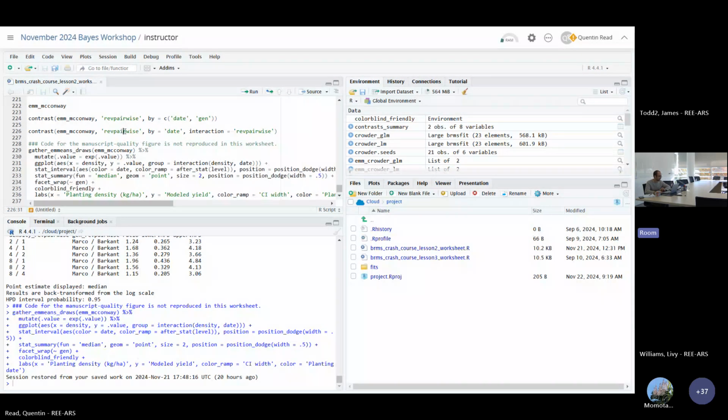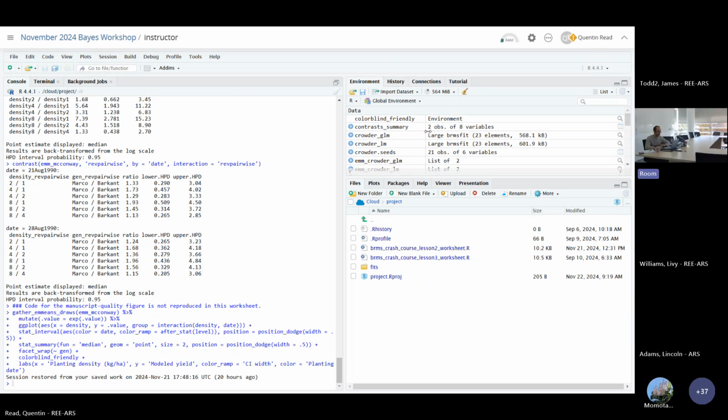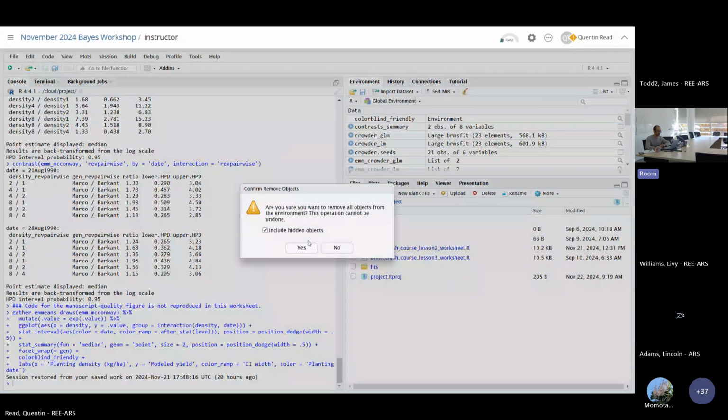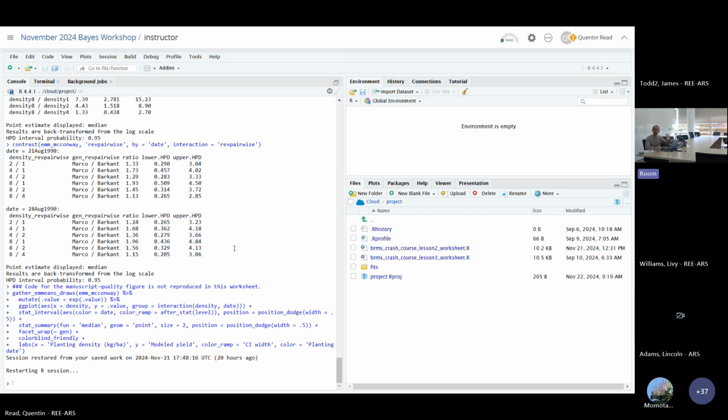So yeah, I'm back in my Posit Cloud. I'm going to close my worksheet from yesterday. I'm going to click on this broom icon up here in the environment pane, and that will clear out the workspace from yesterday, as we're not going to mess with it anymore. And then I'm also going to go to session and restart R up in the top menu, just to start with a clean slate.